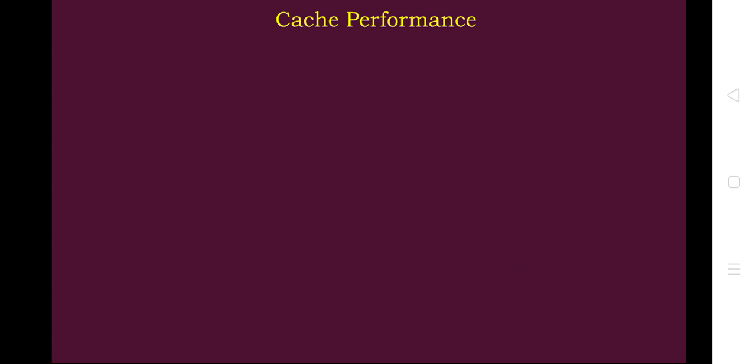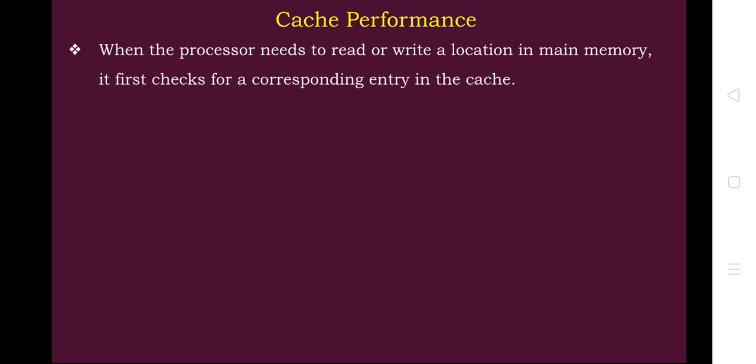Now let us see about the cache performance. When you talk about cache performance, we have two different terms called hit and miss. When the processor needs to read or write a location in main memory, it first checks for a corresponding entry in the cache. As we have seen earlier, all the data is fetched from the main memory, and the CPU can access data only from the main memory.